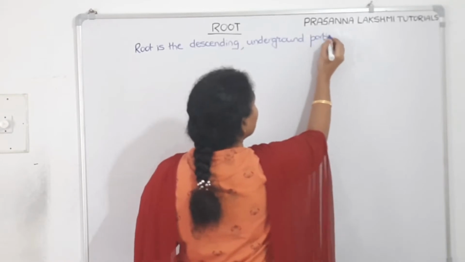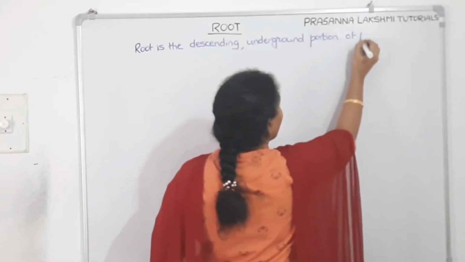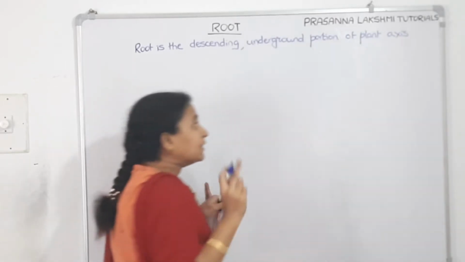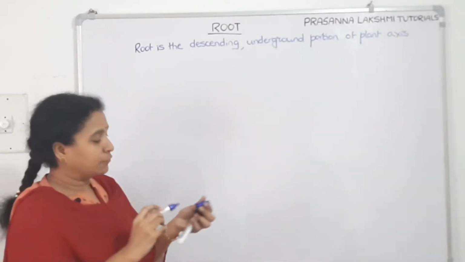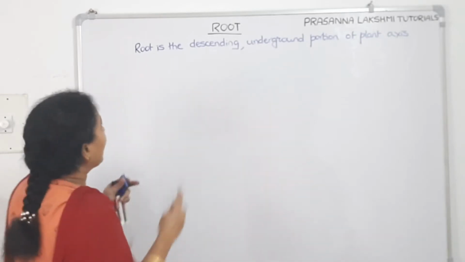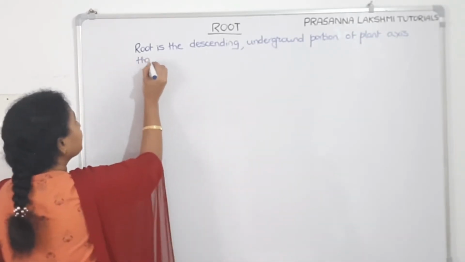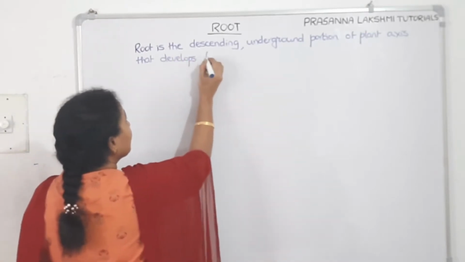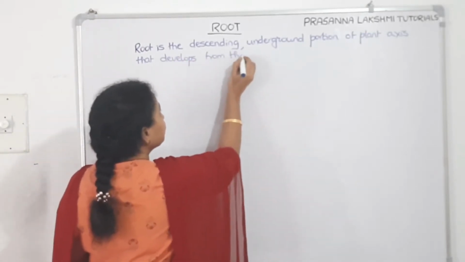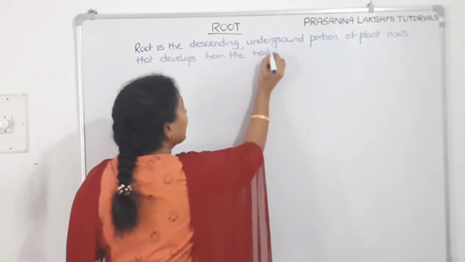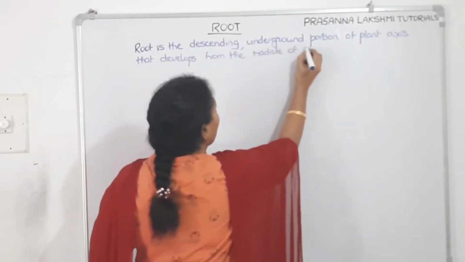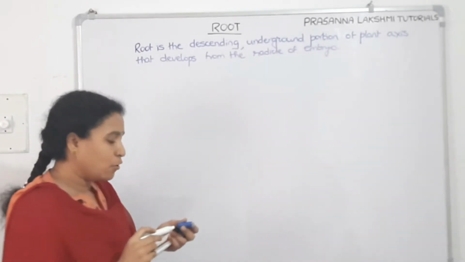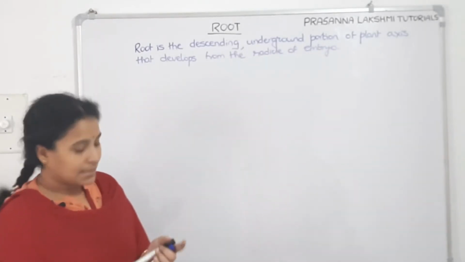It is the underground portion of plant axis that develops from the radicle of the embryo. From where does it develop? It develops from the radicle of the embryo. Now you might be thinking, what is embryo? What is radicle? Now let's understand that.